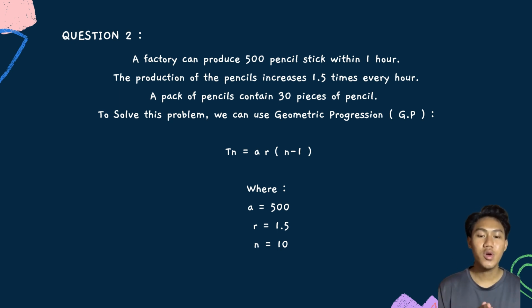First of all, we need to determine the values of Tn, A, R, and n. How can we determine them? The 500 pencil is a constant value, so it goes to A. So A equals 500.